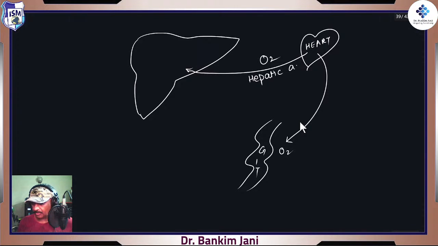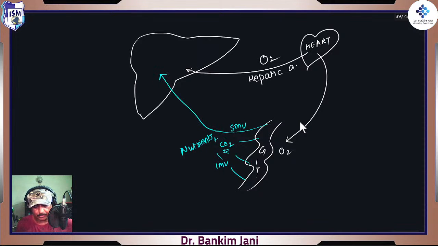But then all the nutrients will be absorbed, and then those superior mesenteric veins and inferior mesenteric veins from various parts will be collecting carbon dioxide plus nutrients. They all would be collected, right? And then via this hepatic portal vein, they will be going into the liver.